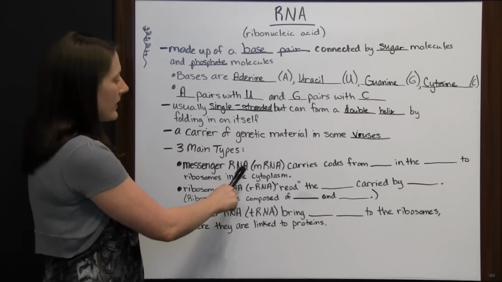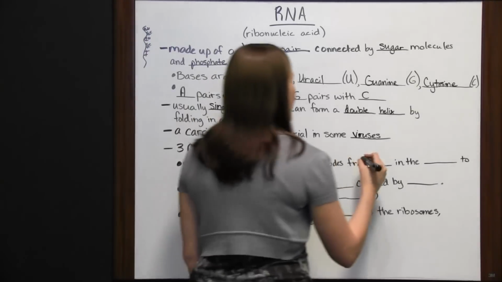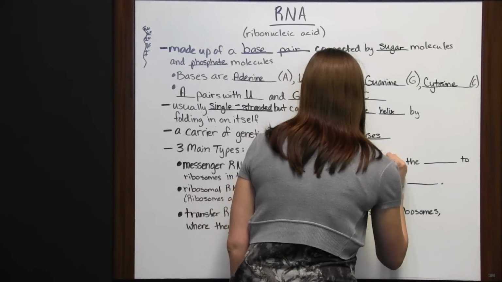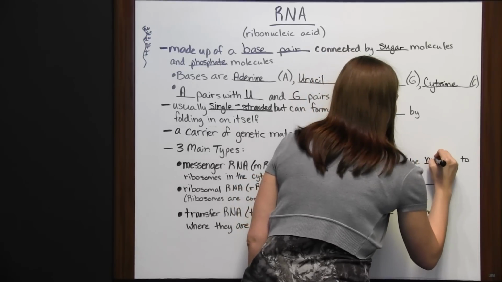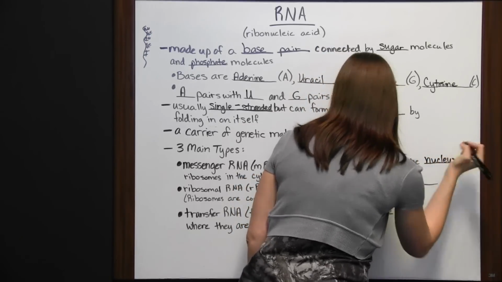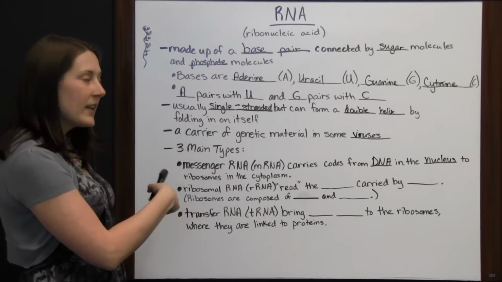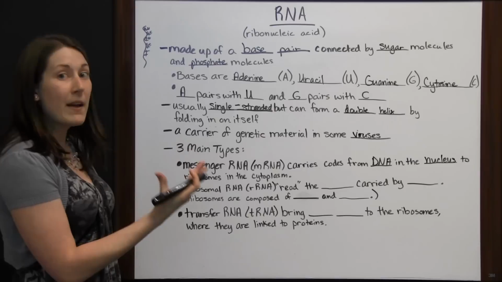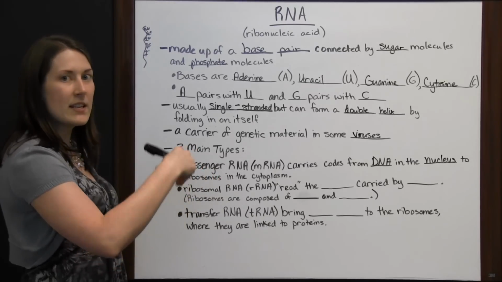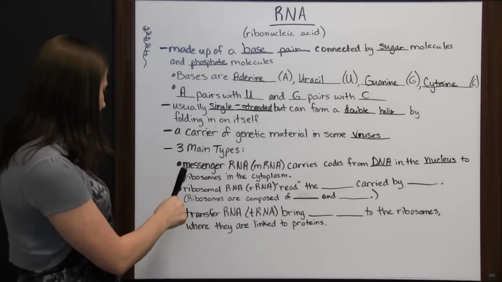Messenger RNA, or mRNA, carries codes from DNA in the nucleus to ribosomes in the cytoplasm. So it's moving, it's being a messenger and carrying that code from the DNA to ribosomes.